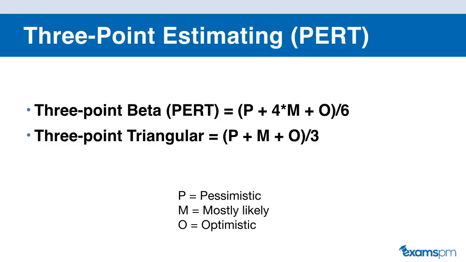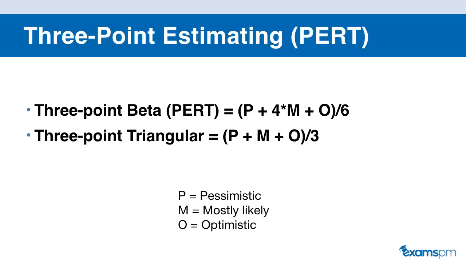So if you plug it into the beta distribution formula, you will look at the first one. This is also called PERT. So you will add the pessimistic estimation plus 4 times the most likely calculation plus the optimistic estimation, and then you would divide this by 6.